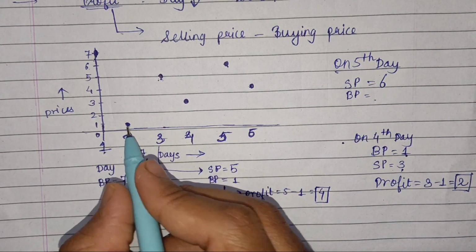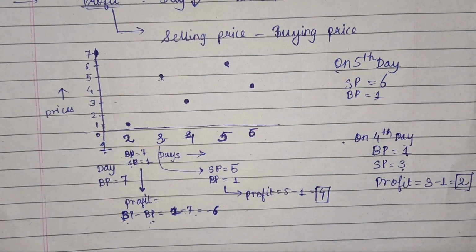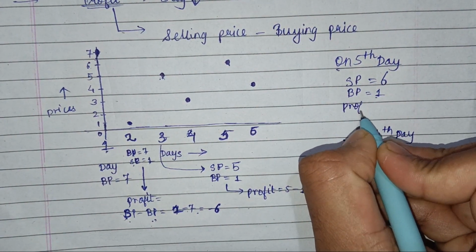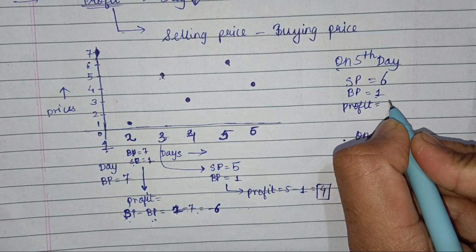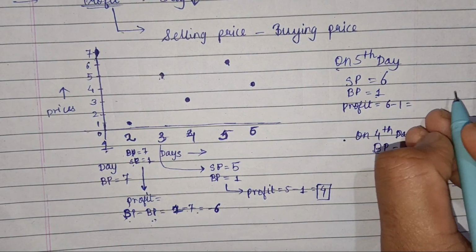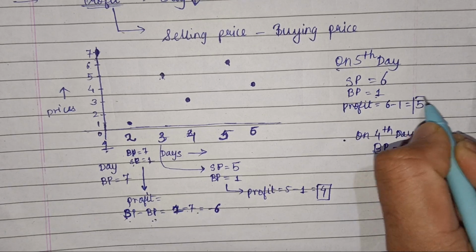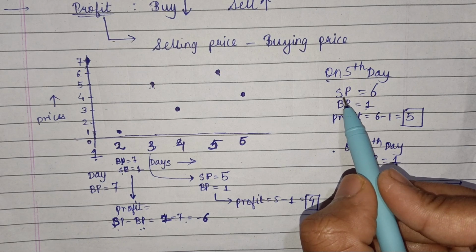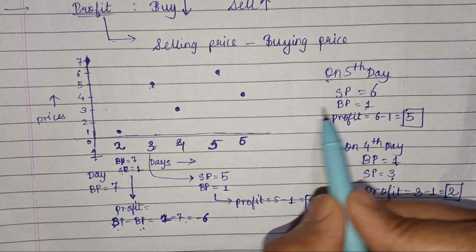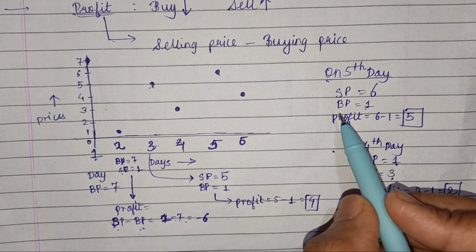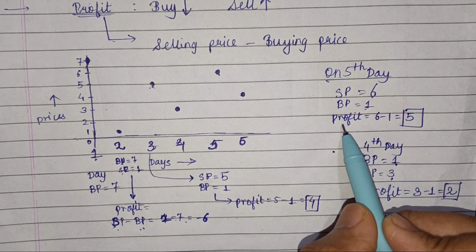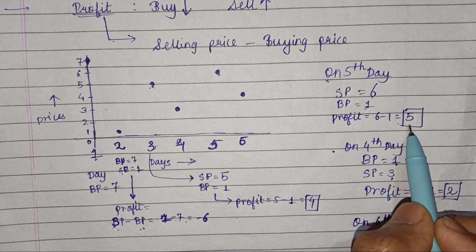Here 1 is the minimum, so we'll take it, and the profit will be selling price minus buying price, so the profit will be 5. So if we buy the stock on day 2 and sell that stock on day 5, we will get the profit 5.